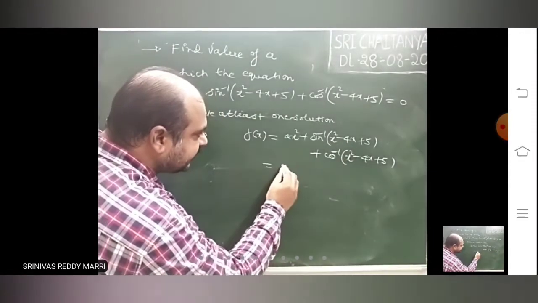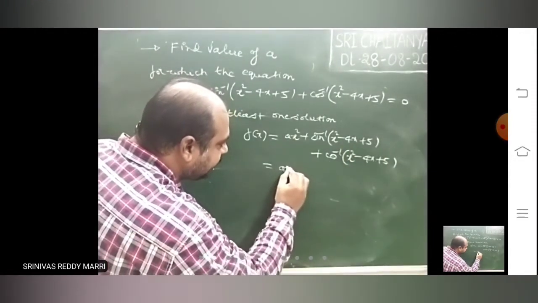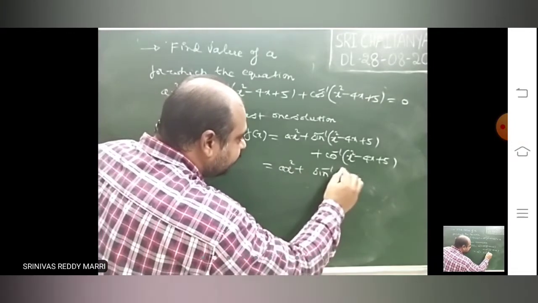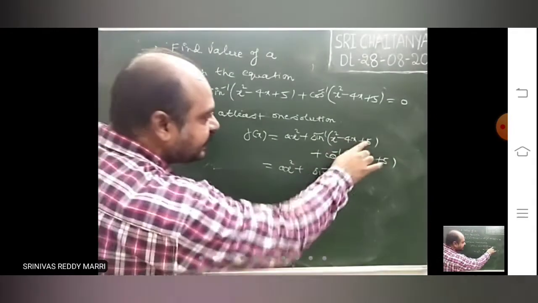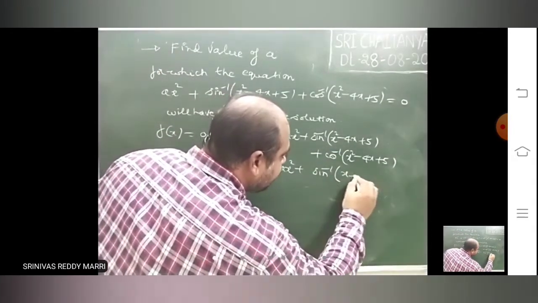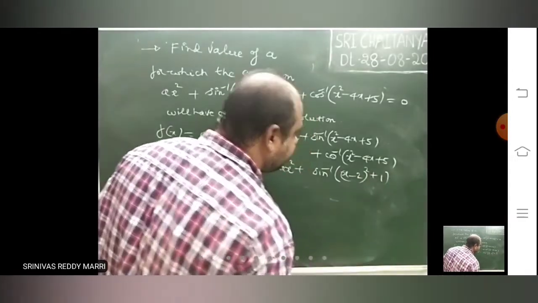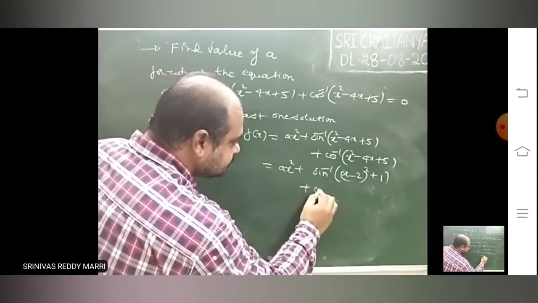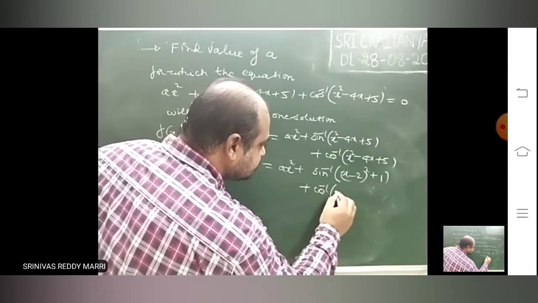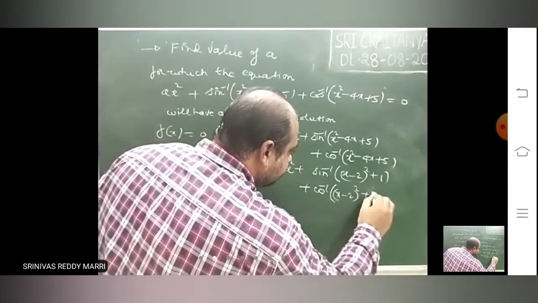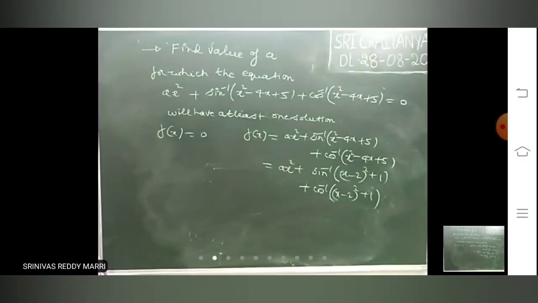Now, whenever sine inverse is there and a quadratic is there, if possible, try to write a perfect square: x minus 2 whole square plus 1, plus cos inverse of x minus 2 whole square plus 1.